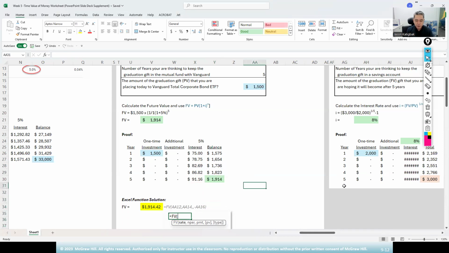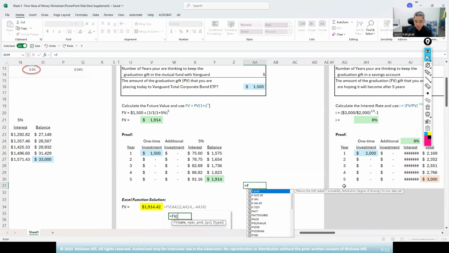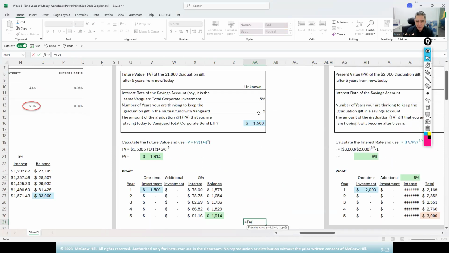Then I'm going to show it to you by computing it using the formula FV equals FV bracket. The rate is 5%, comma, NPER, which is the number of periods, is 5. I don't need the payment, I'll skip it.